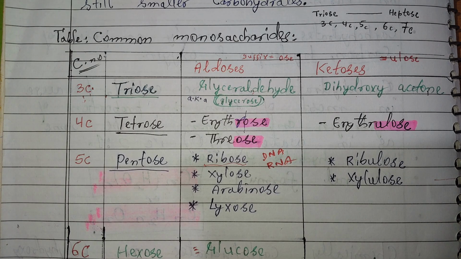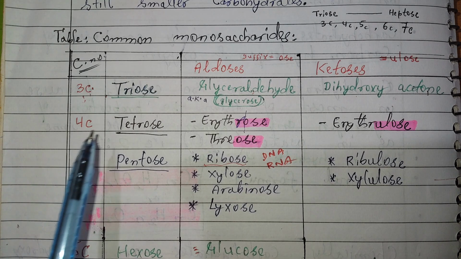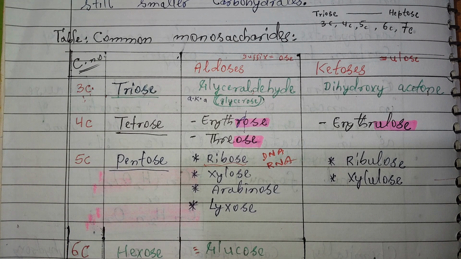So the simplest monosaccharides are 3 carbon molecules. These 3 carbon monosaccharides are known as trioses.